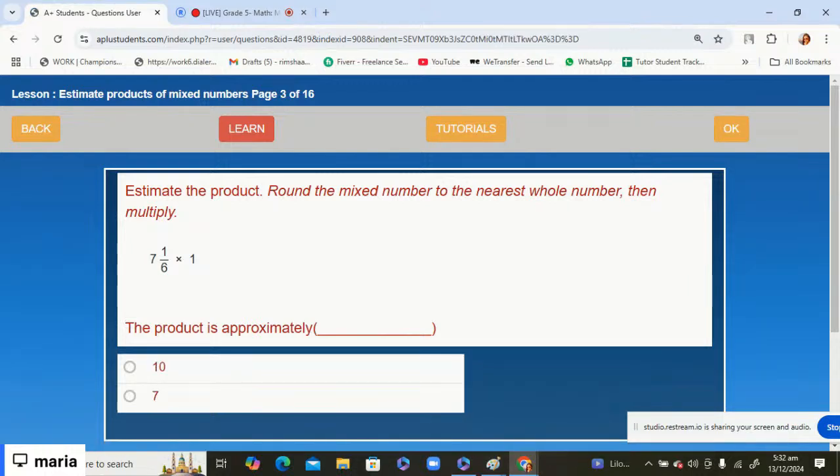Okay, now let's do this one. Estimate the product and round the mixed number to the nearest whole number, then multiply 7 into 1 by 6 times 1.